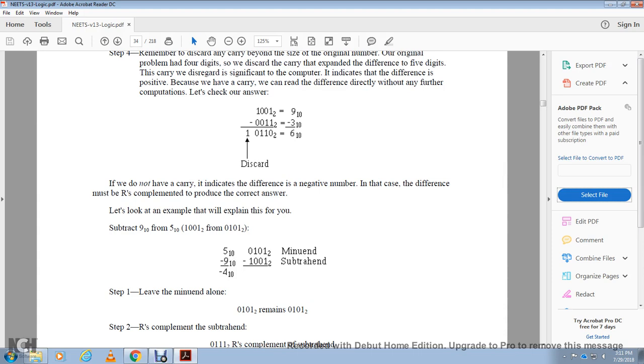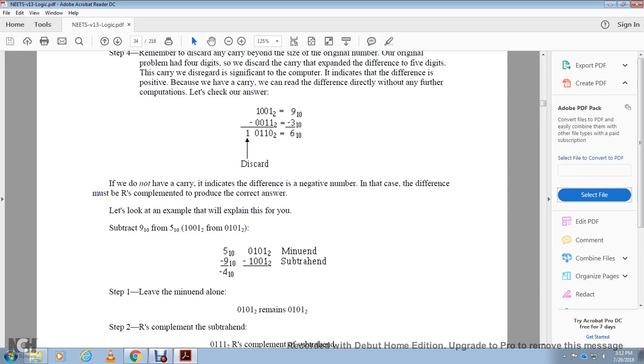Let's look at an example that will explain this. 5 base 10 minus 9 base 10, which is 0 1 0 1 base 2 minus 1 0 0 1 base 2, would give you negative 4 base 10.